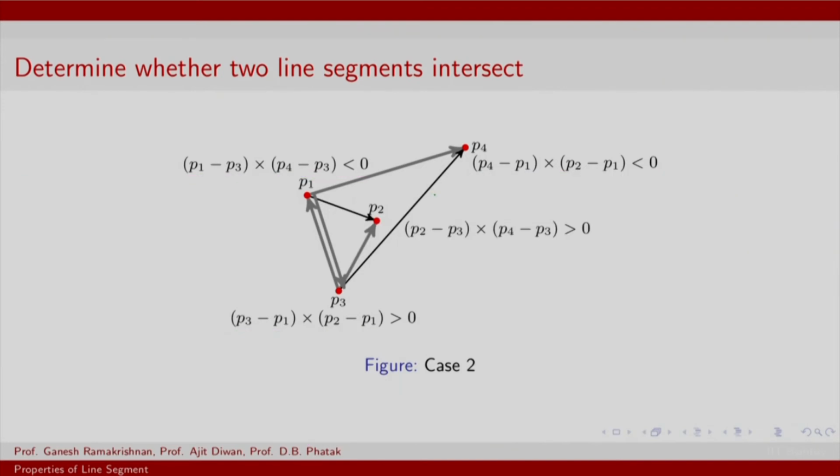One can also consider the case where P3 and P4 are on opposite sides of the line P1 P2, whereas P1 and P2 are on the same side of the line P3 P4. In such a case, yes, the lines do intersect, but the line segments do not.